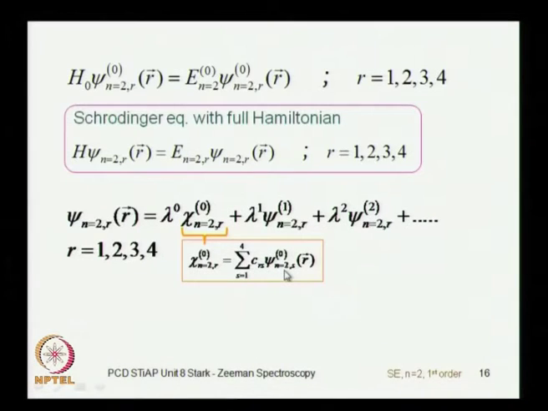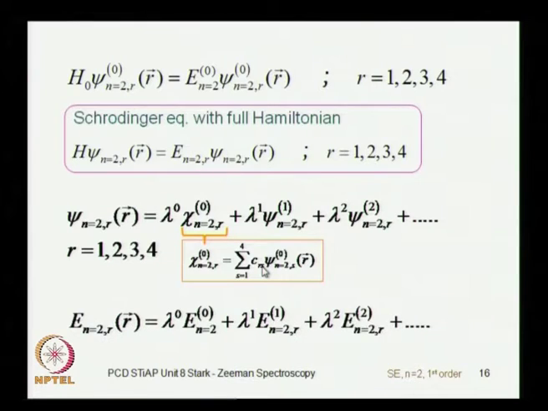So this unperturbed part is a linear superposition of the 4 unperturbed eigenstates. We have already met them. These are the 4 linearly independent eigenfunctions which belong to the same eigenvalue of the hydrogen atom for n equal to 2, and S takes 4 values going from 1 through 4. Then these coefficients C we do not know yet, we will have to find a mechanism to determine them, which is part of this exercise.